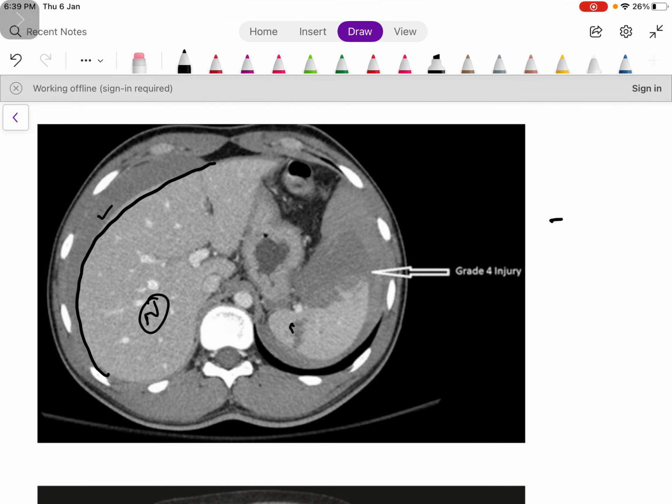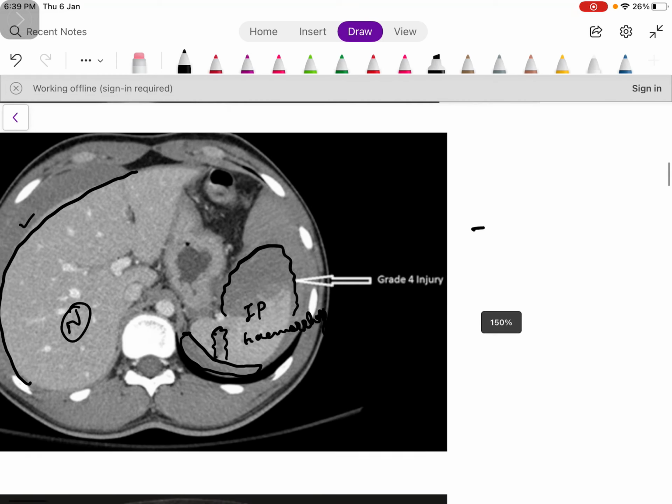Then you can see a splenic laceration here, and there is an intraparenchymal hemorrhage, and a collection around the spleen.